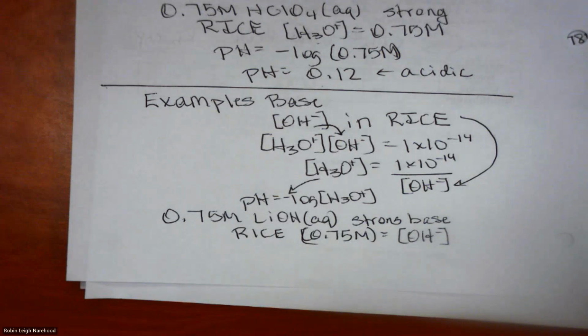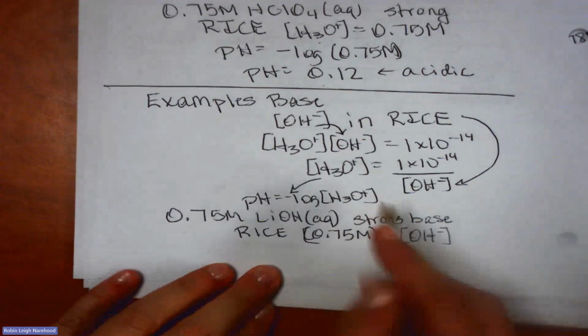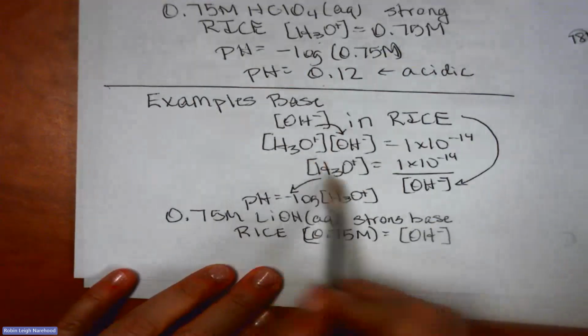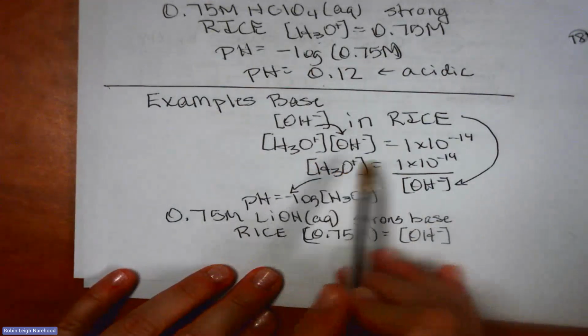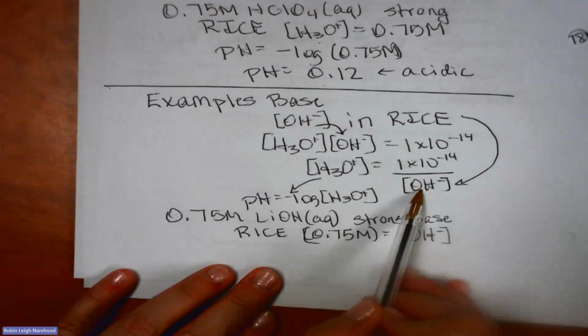You're going to look in your chart and get your OH concentration, and then you're going to plug it into hydronium. You can go ahead and rearrange this because it's the same every time. Your hydronium is going to be the constant for water divided by your concentration of hydroxide.